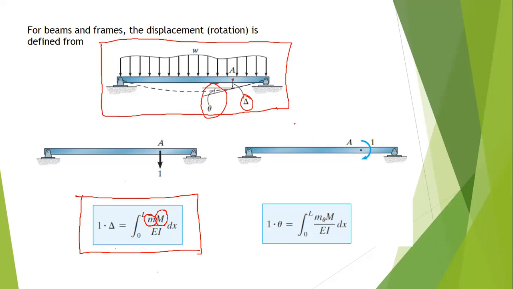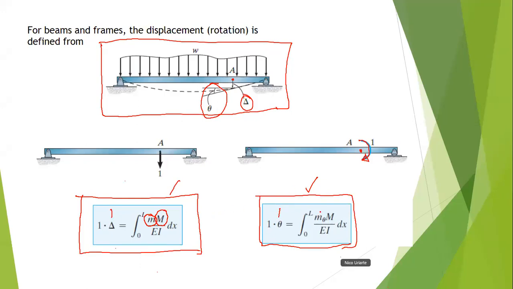Now, if you also wanted to determine the rotation at point A, again, you will apply a unit couple moment at point A. And the corresponding rotation is simply equal to this expression here. If you notice, these two expressions are just very similar. So we have here your delta, and we have here our theta, since we wanted to determine a rotation.